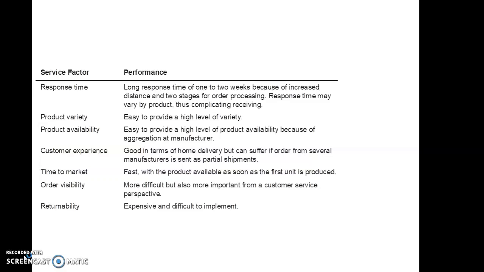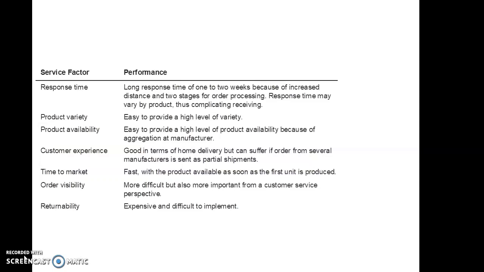It is very easy to provide a high level of product availability because of aggregation at the manufacturer. Customer experience is good in terms of home delivery, but sometimes it may cause problems if we get products from several manufacturers.